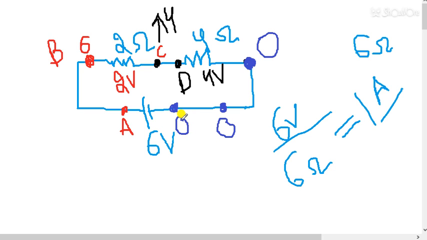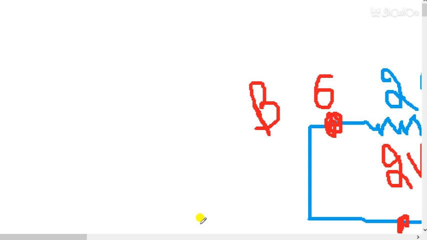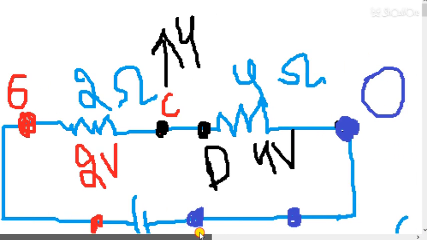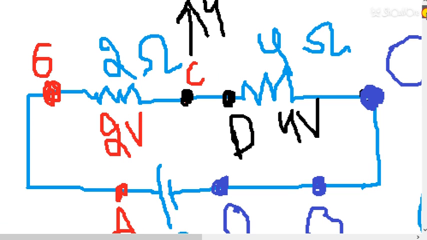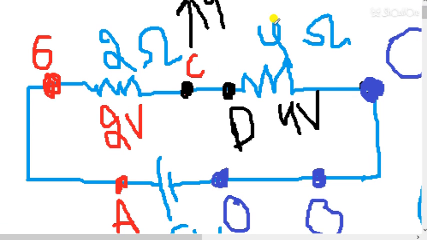So students, the concept you have to understand is that when there is no resistance between two points, like this point B and this point A, then the potential is the same, and if the potential is the same, then we can combine these points.